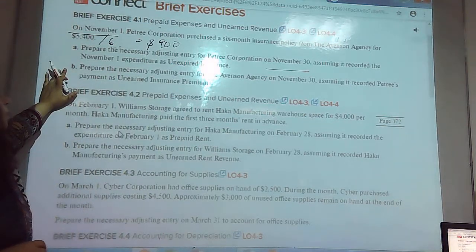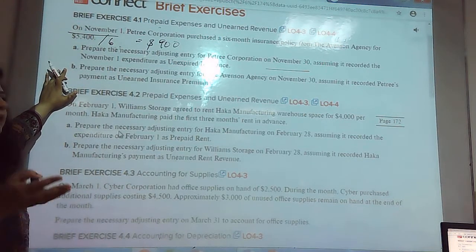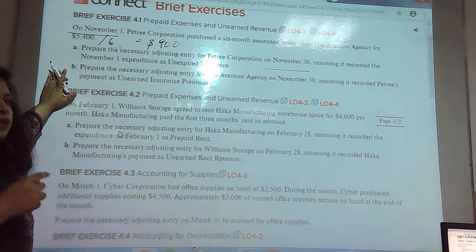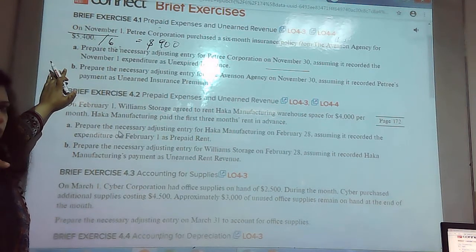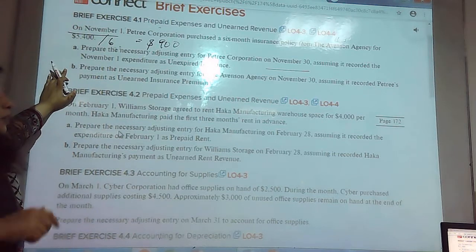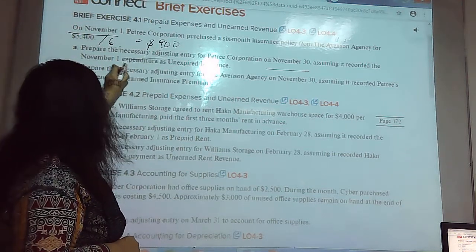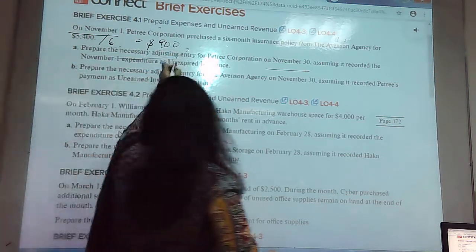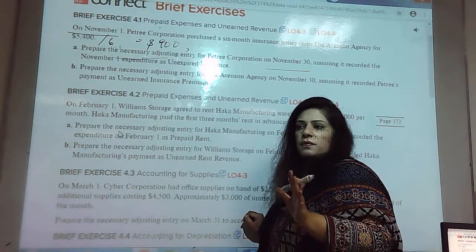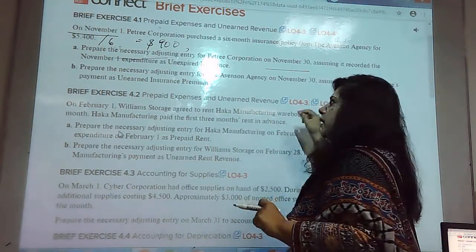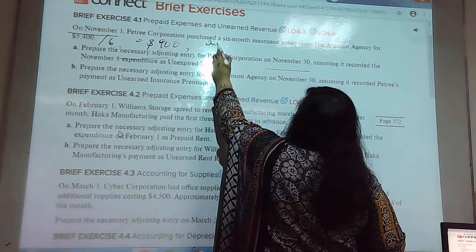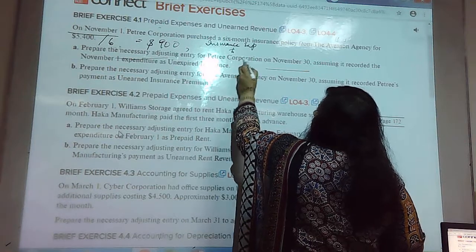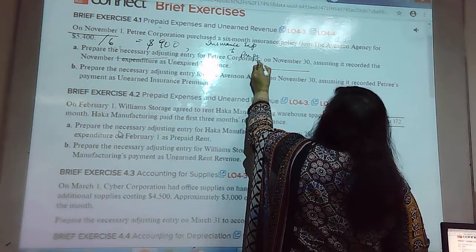Adjusting entries: you will get the recorded expenditure as they have already assumed that you recorded the first entry. What was that? Unexpired insurance, prepaid insurance to cash, because you paid cash. Now you are to make the adjusting entry, not the original entry. Now I'm going to make changes to this. How? I'm going to be reversing the original entry by recording the insurance expense to prepaid insurance.